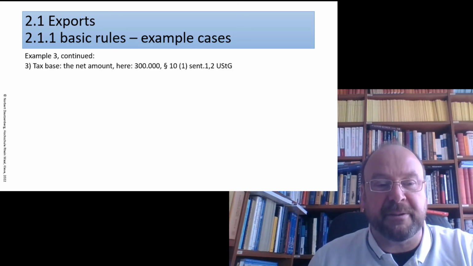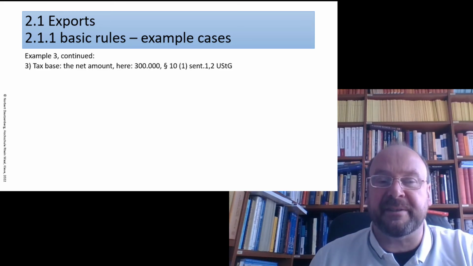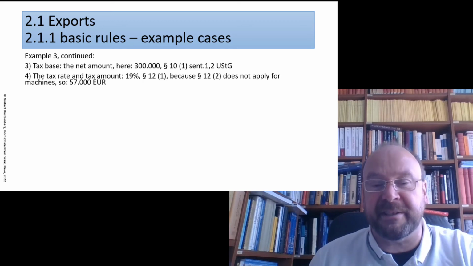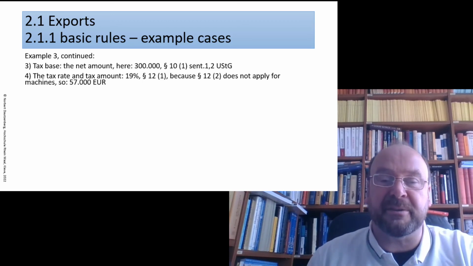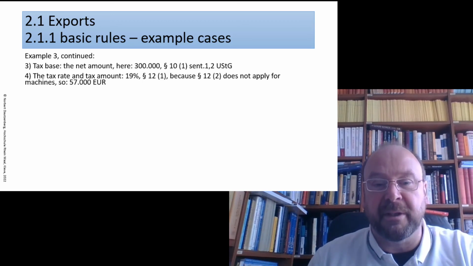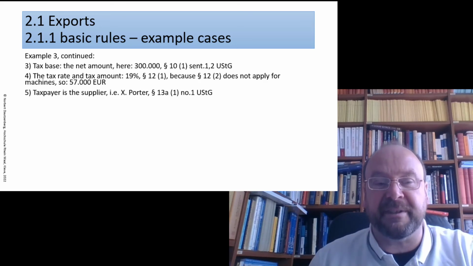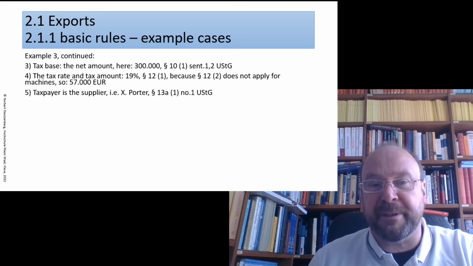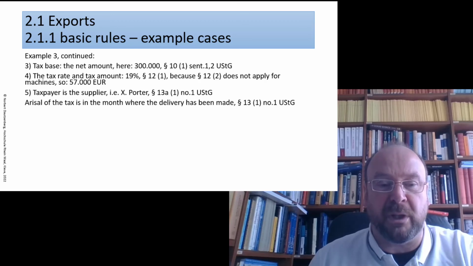So it's fully liable to tax. And so the tax base is 300,000 as net amount agreed. The tax rate is 19% because there is no special rule under 12.2 for machines. So the tax amount is 57,000 euros. The taxpayer is the supplier, exporter, 13a, paragraph 1, number 1.